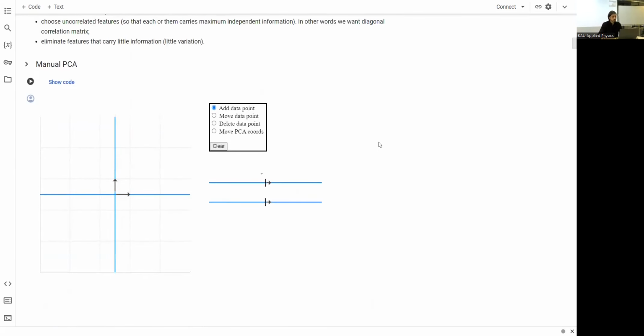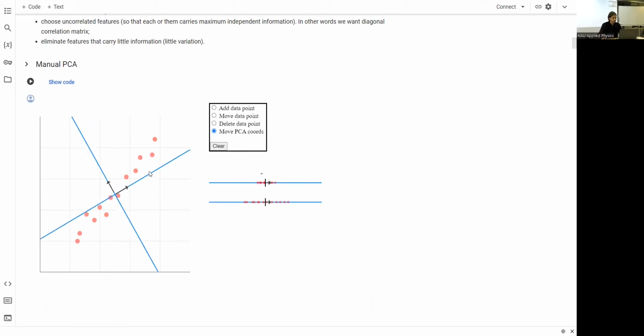Here is an example to remind you of something very similar that we had previously. This is called PCA. If you remember PCA, we had a bunch of points and we were trying to perform some sort of transformation of coordinates such that we have most of the variability along one of the axes.